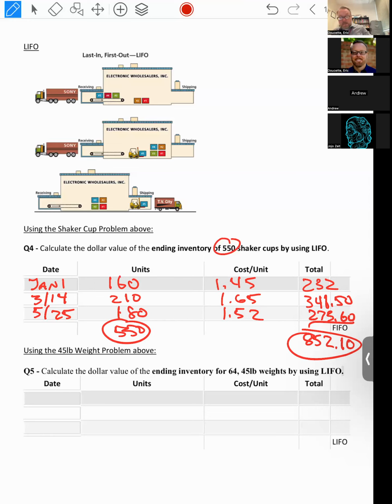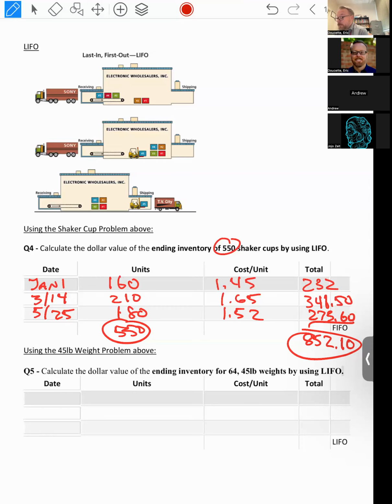Now, if I go back to the beginning and I look at that same problem using FIFO method, we had $931 worth of inventory cost. So it was higher using FIFO versus LIFO.